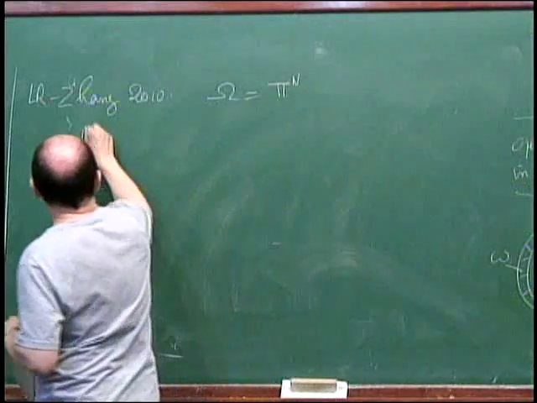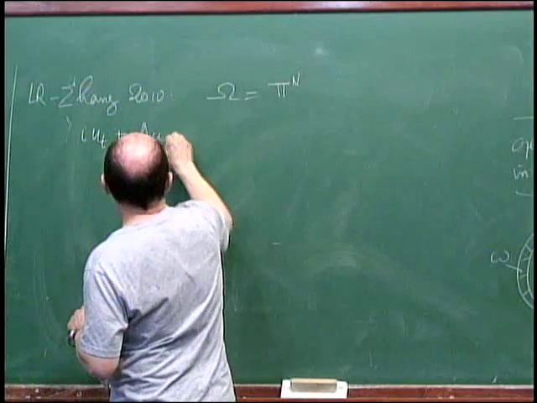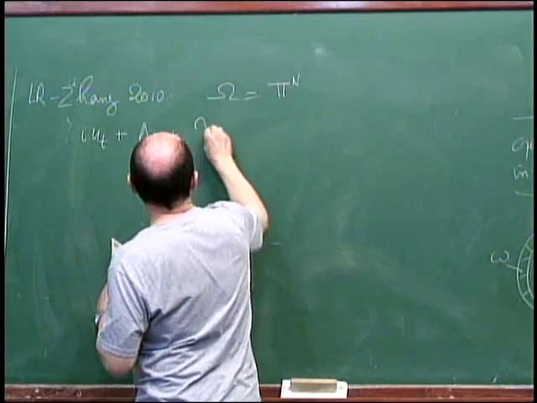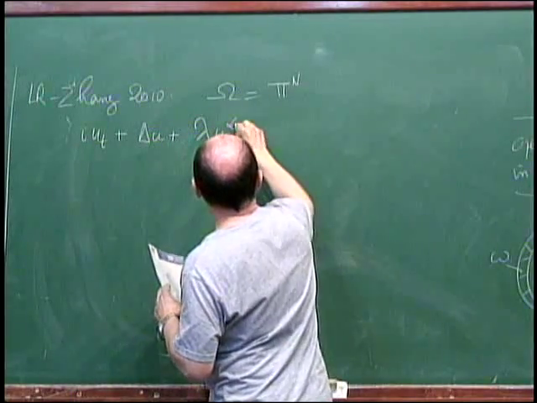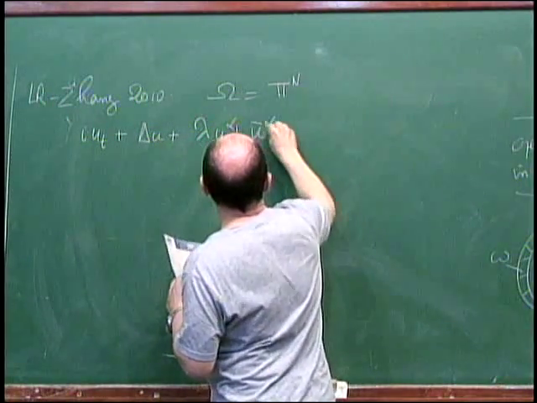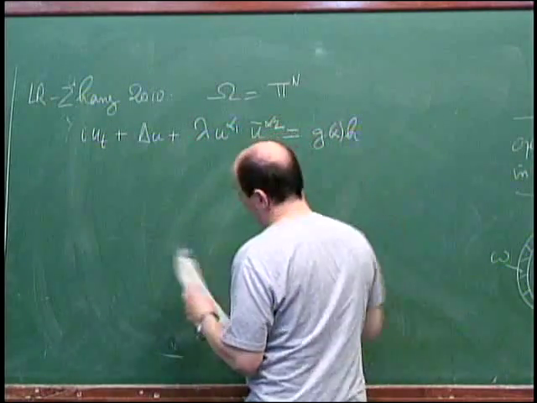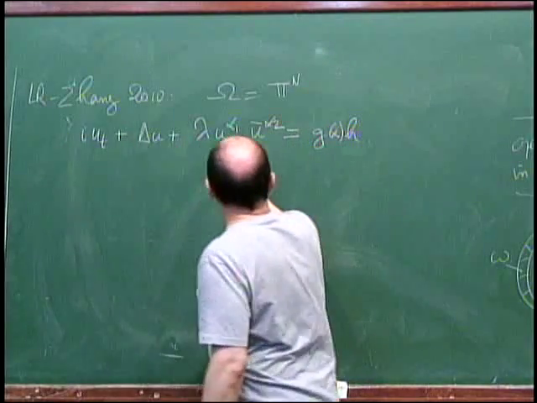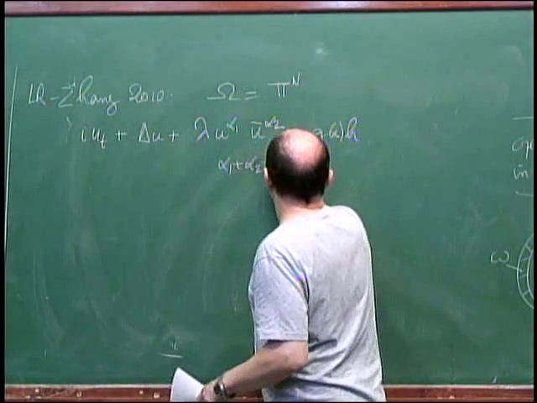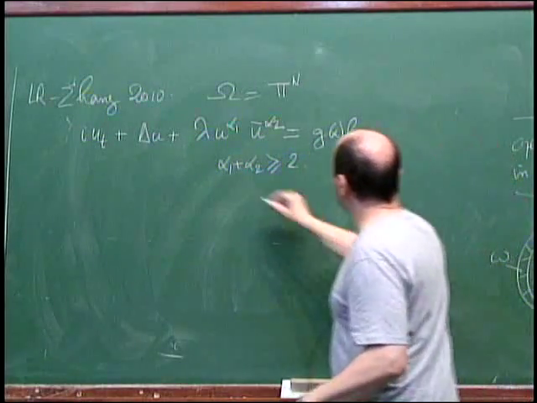And so we extended the local exact controllability and stabilization for this kind of nonlinear terms, with alpha 1 plus alpha 2, exponents whose sum is larger than 2, and n larger than 1.